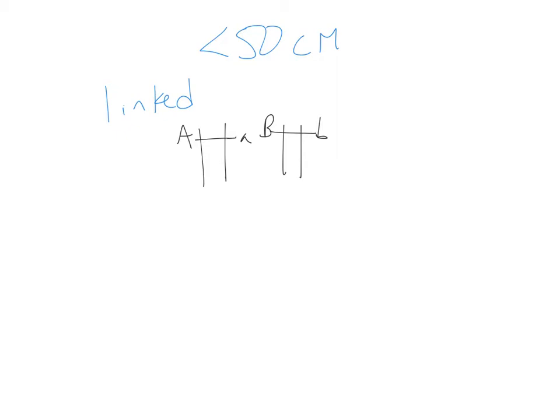I'm going to tell you these genes are 40 centimorgans apart, which you would tell me meant that they were linked, but they're not. So what sort of data would we have to collect to calculate a map distance between these genes of 40 centimorgans?